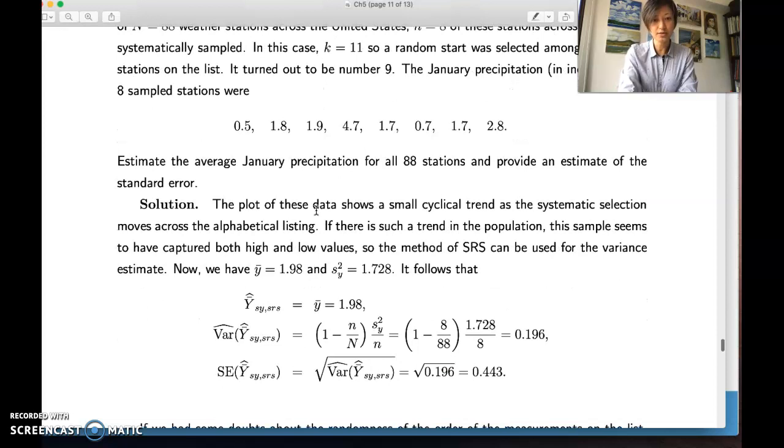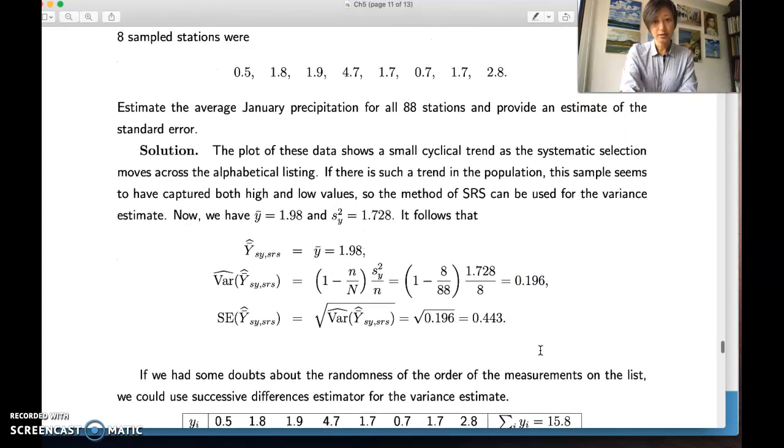So we can use our SRS estimator of the variance equation to estimate the variance. Okay, so that equals the finite population correction factor multiplied by sy squared divided by 8. So the estimated variance is about 0.196.